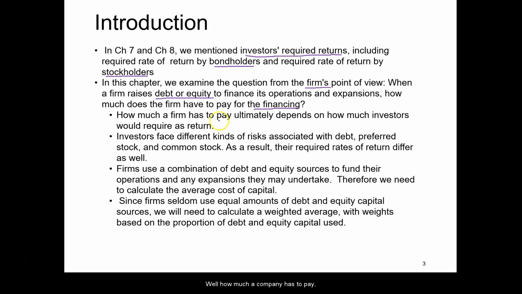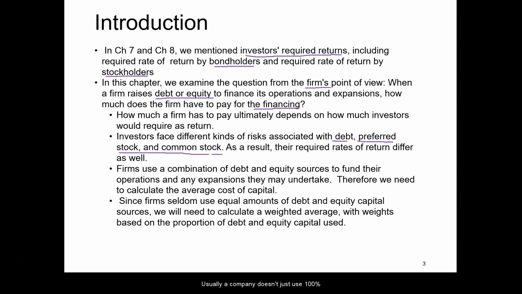Or say, what is the cost of financing for this company? Well, how much a company has to pay depends on how much return investors would require. And as we have already learned, investors would require different returns from debt, preferred stock, or common stock because the risks involved are different. So the required rate of return will be different across the different kinds of capital.